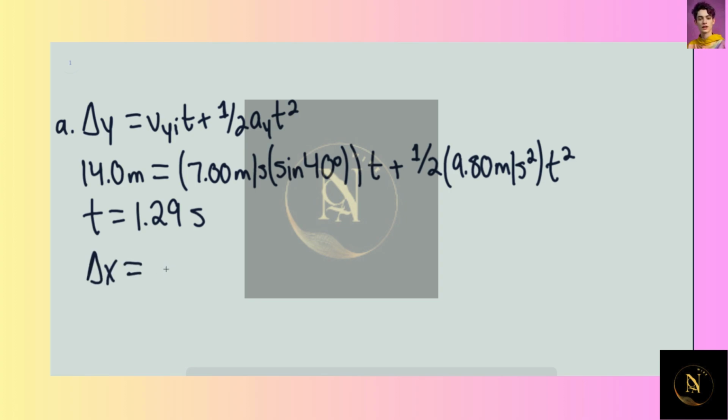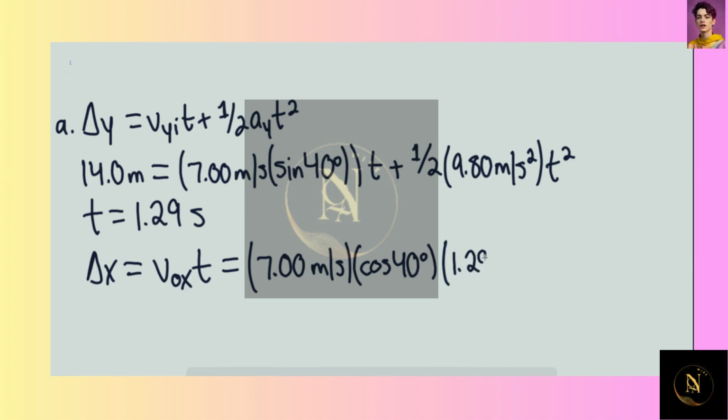There isn't any acceleration in the x direction, so we can ignore that term completely and say that the initial x velocity times t equals 7.00 meters per second multiplied by cosine of 40 degrees multiplied by the time of 1.29 seconds. This is going to be equal to 6.91 meters.